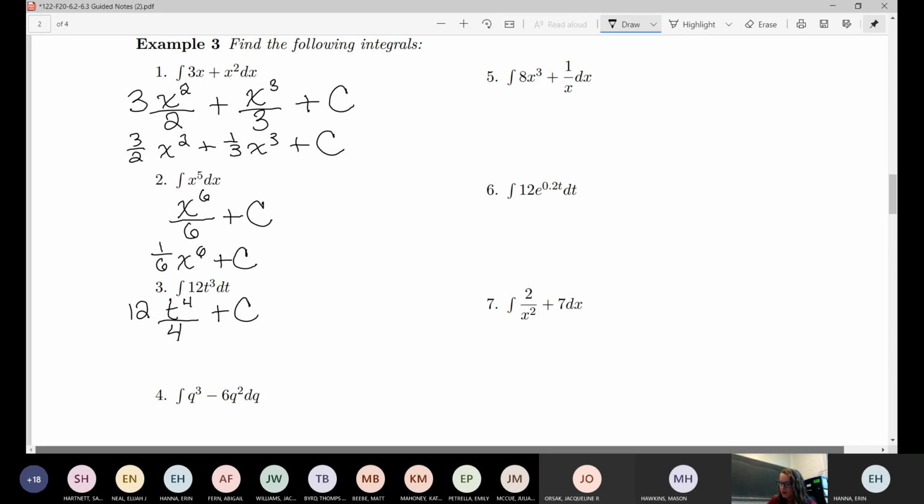Now we can simplify this a little bit. We can do 12 divided by 4 and get 3t to the fourth plus c, which is what I personally would do. But that rule tells us that if we want to, we can take that constant out front and just string it along for the trip.